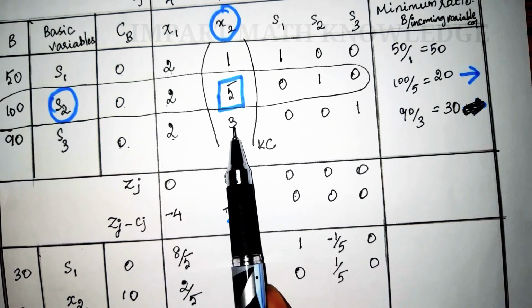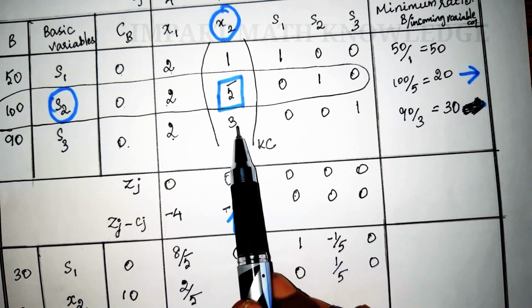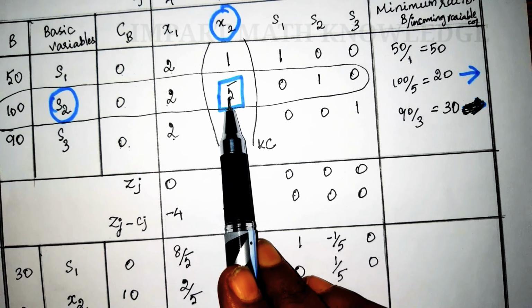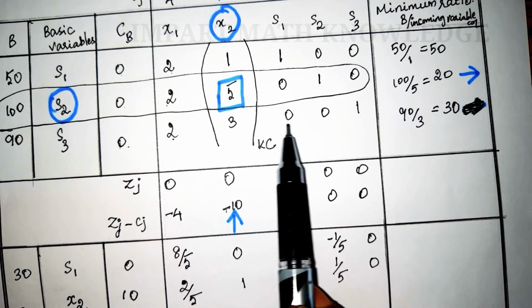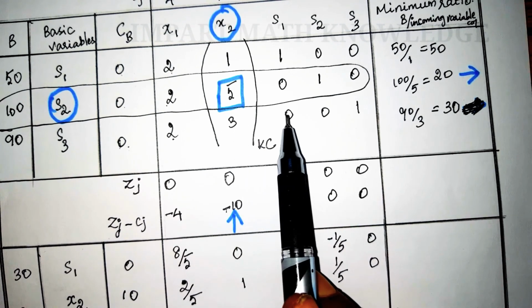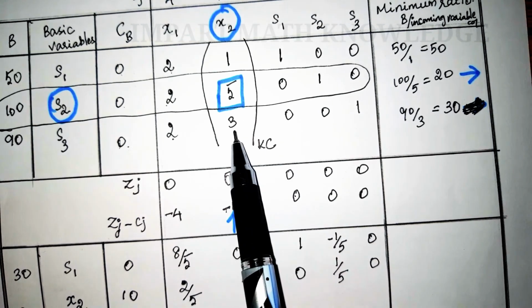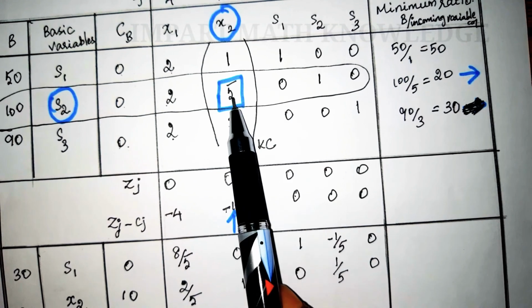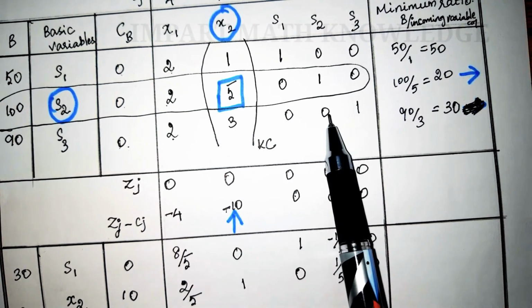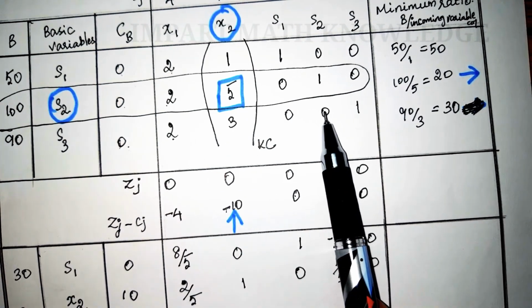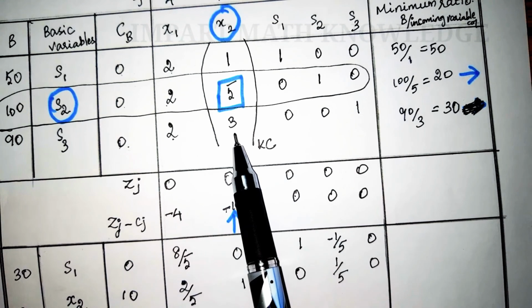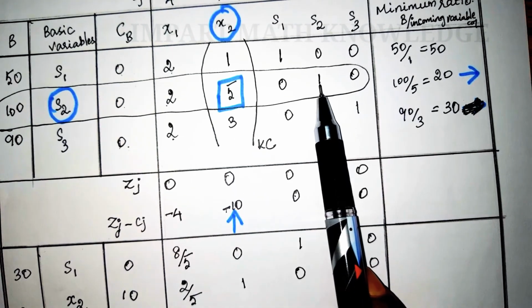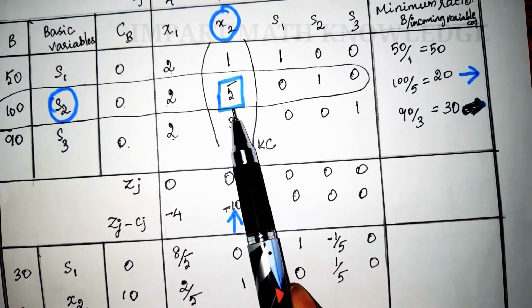Old value was 3 minus key column value was 3, key row value was 5 divided by key value. And for 0, 0 minus key column value was 3, key row value was 0 divided by key value. And for this 0, 0 minus key column value was 3, key row value was 1 divided by key value.